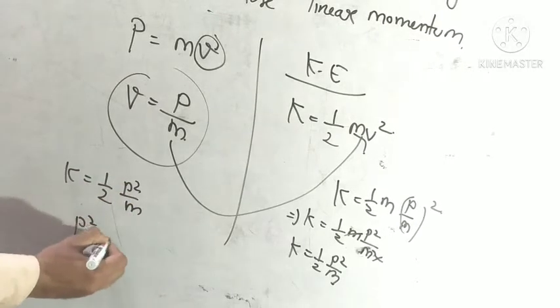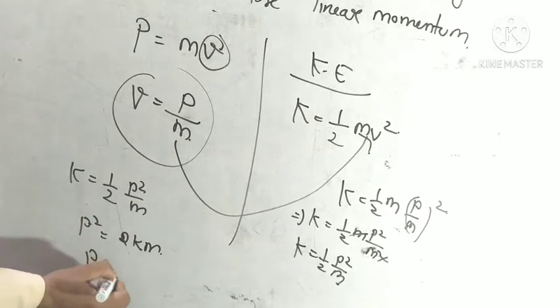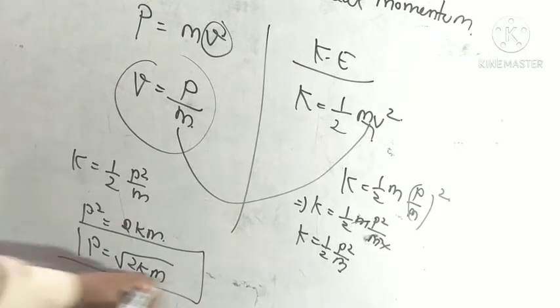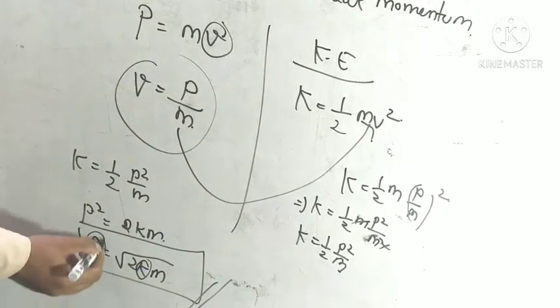So p square is equal to 2Km, and finally p is equal to square root of 2Km. This is the relation between kinetic energy and linear momentum.